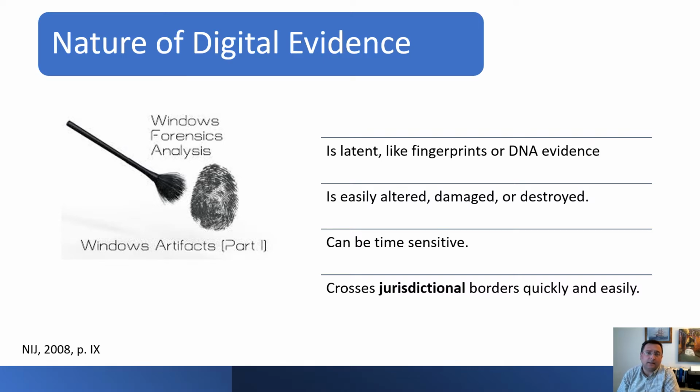Digital evidence is also fairly time sensitive, and it very quickly and easily crosses jurisdictional borders. So the cross-jurisdictional nature of the digital evidence actually sets it apart from the majority of traditional evidence types.